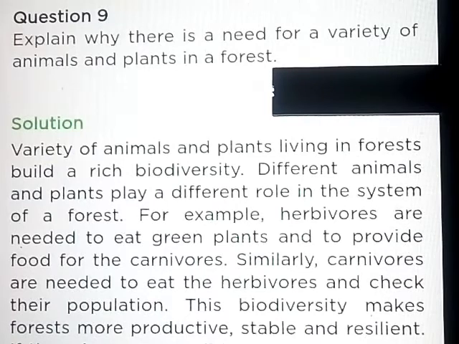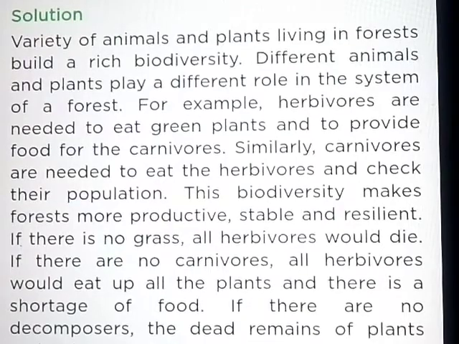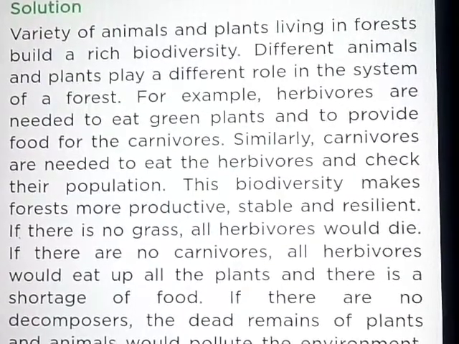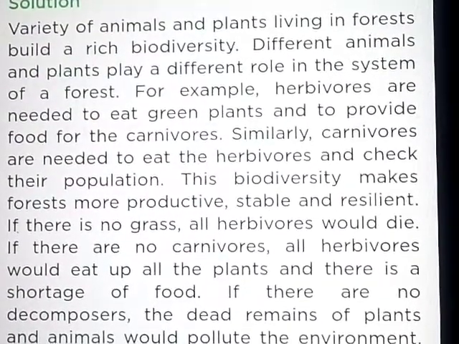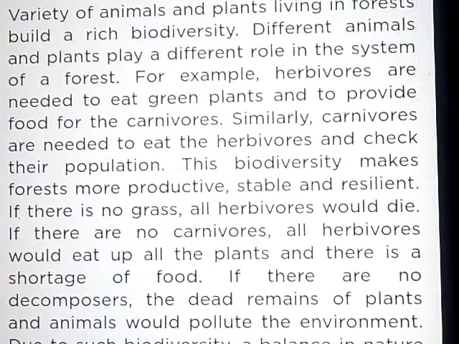Question number 9. Explain why there is a need for variety of animals and plants in a forest. Answer. Variety of animals and plants living in forest build a rich biodiversity. Different animals and plants play a different role in the system of a forest.